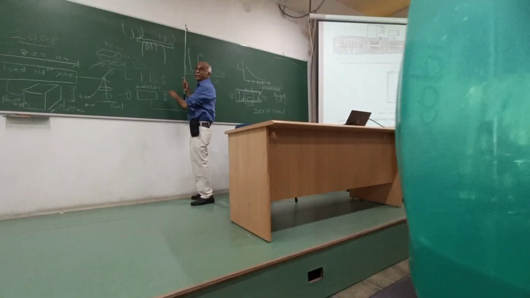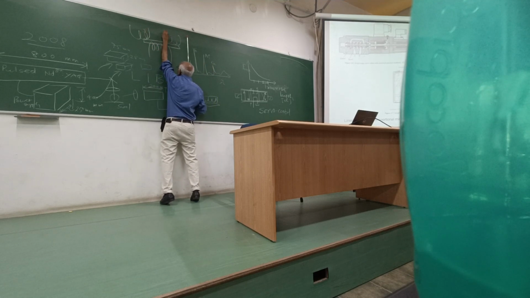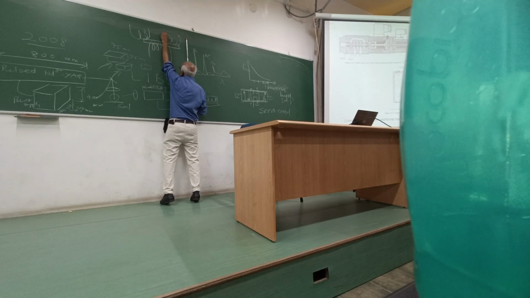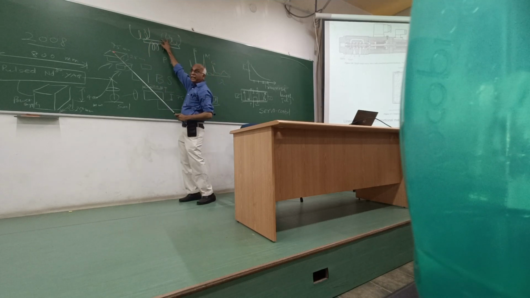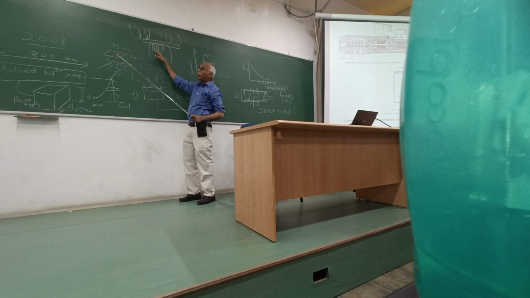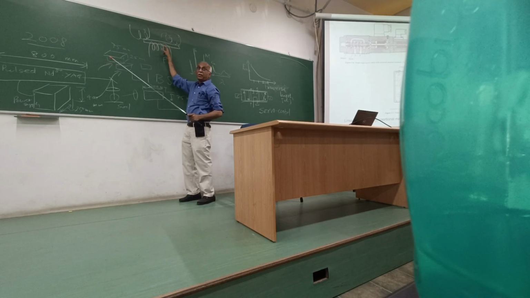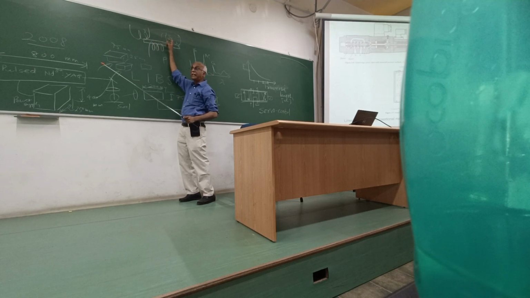So this is a primary coil, these are secondary coils, and they are connected out of phase by 180 degrees, so that the output is the sum of these two coils. When the core moves, depending upon the flux lines being cut, the induced voltage will be captured.